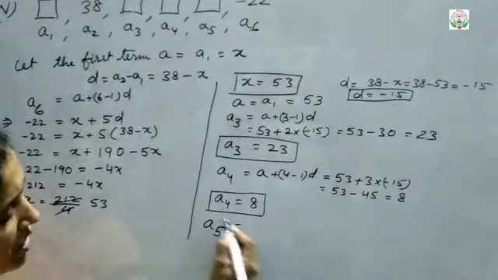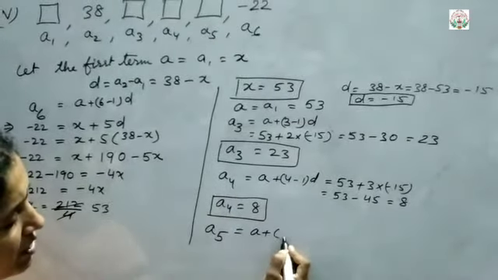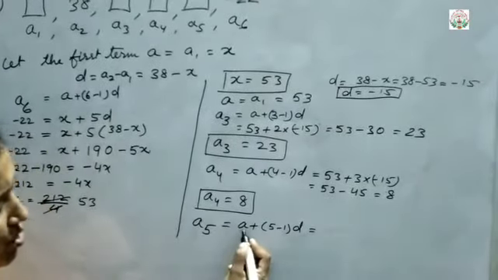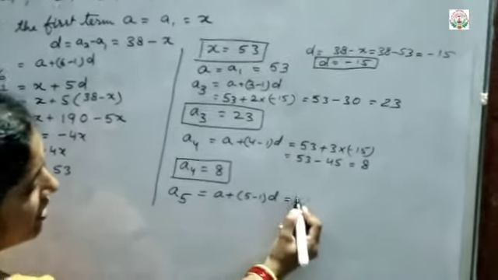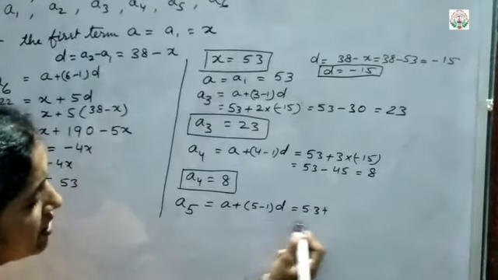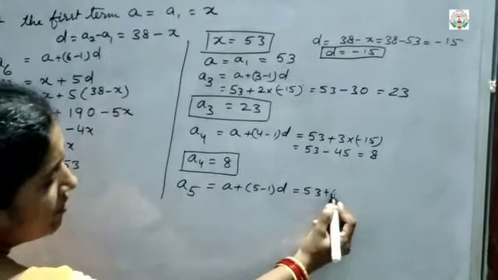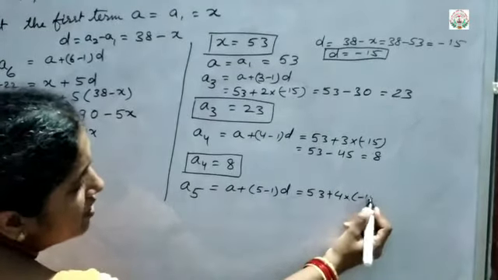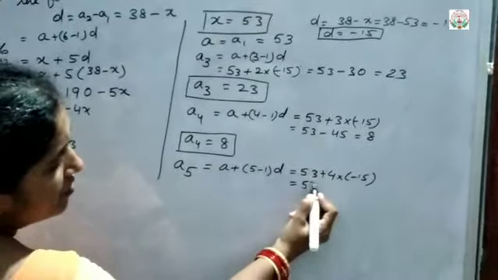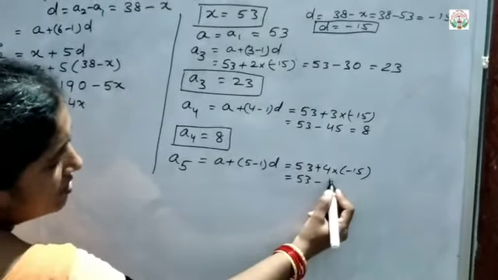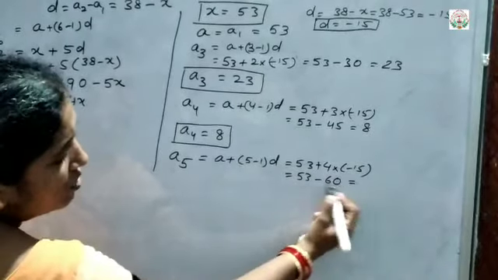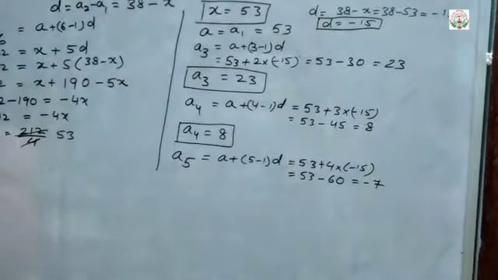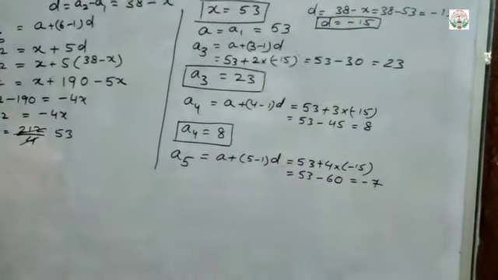And the next one, A5. A5 equals, again the same way, the nth term formula: A plus 5 minus 1 into D. Substitute the values: A is 53, plus 5 minus 1, which is 4, into D, minus 15. That equals 53 minus 60, which is minus 7.